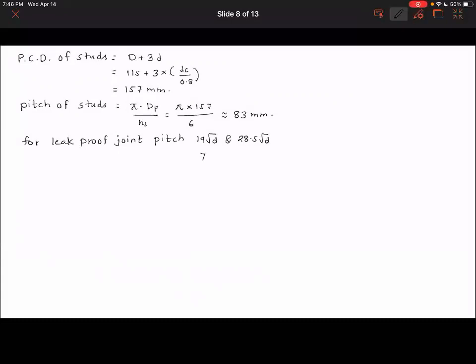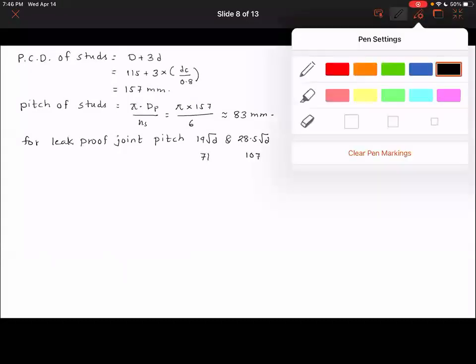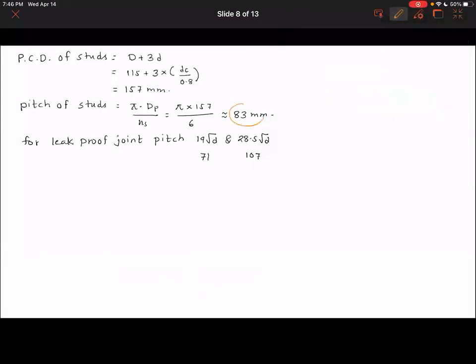So you will see this dimension is 71, this dimension is 107. So our dimension 83 is right in between, which means the joint is leak proof. Any questions on this design?